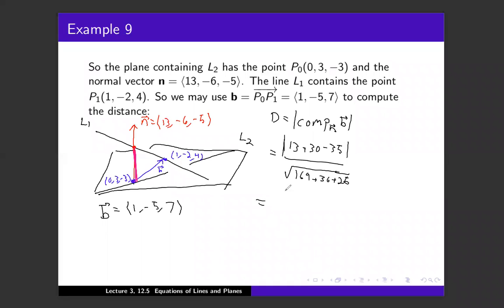Doing all of that calculation, 43 minus 35 comes out to 8. So it's 8 over the square root of 169 plus 36 plus 25, which is 230, I believe. So that's our formula for the distance between these two lines. I'm not going to bother cleaning that up any, but that's basically what we have.